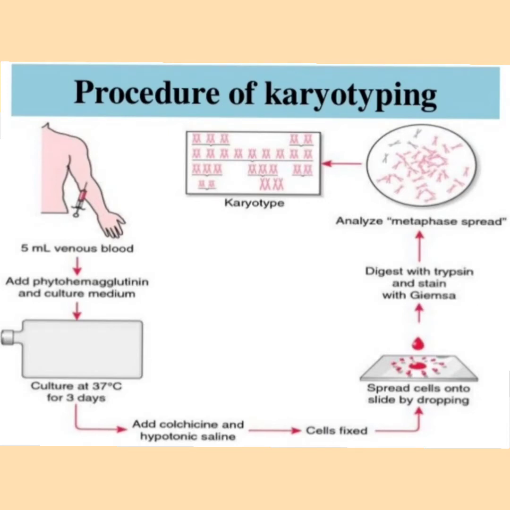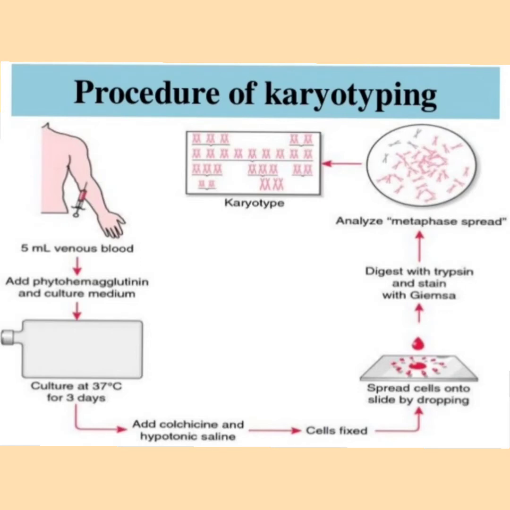About 5 ml of blood is taken and phytohemagglutinin is added to the culture medium of the blood. The blood is incubated at 37 degrees centigrade for 3 days, and colchicine and hypotonic saline are added and the cells are fixed.